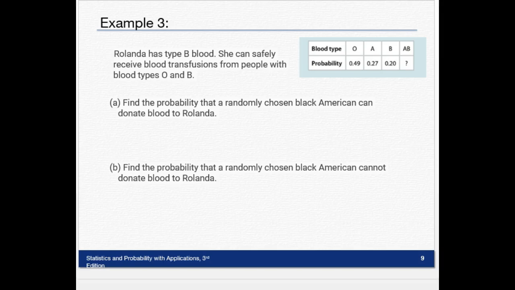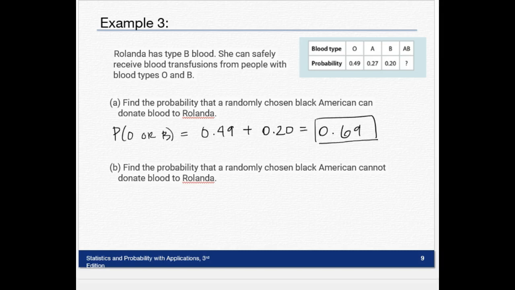Okay? So I can add the probability of type O blood and type B blood. So it's the probability of O or B. Type O blood is 0.49 plus type B blood is 0.20. So I simply add those up and I get 0.69. That's the probability that a randomly chosen Black American can donate blood to Rolanda.